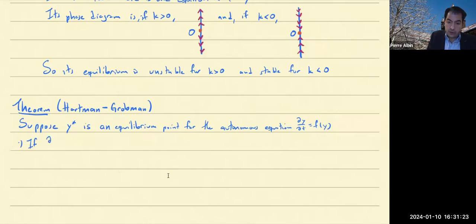Then if the derivative of f with respect to y at the point y star is positive, the equilibrium is unstable, right? So just like we had here, right?